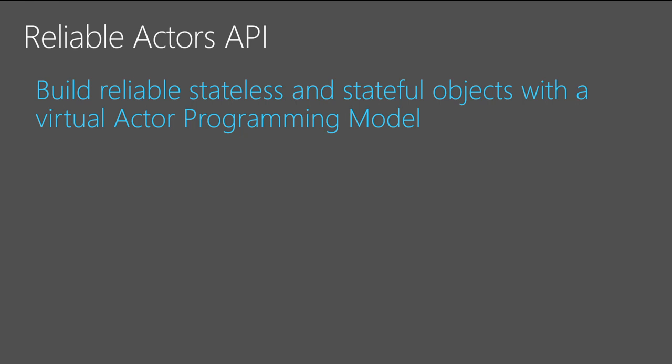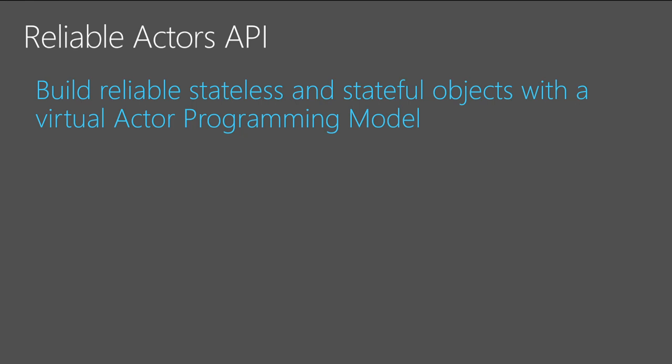The actors are very similar to .NET objects. You can kind of think of them that way. They represent some state and some logic, and you can basically call methods on those things, and they're all independent of each other, and they all kind of scale independently.